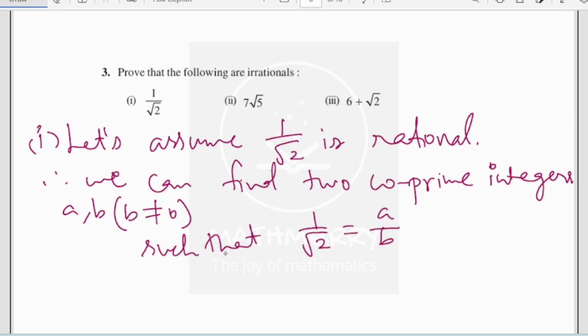So this we can write as root 2 is equal to b by a.